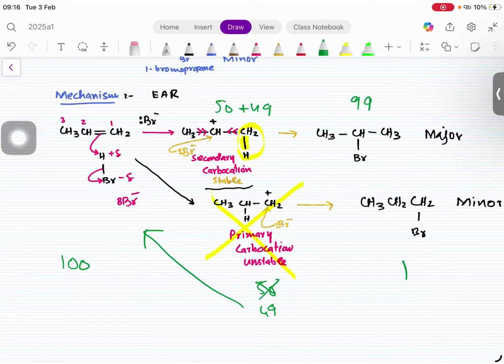Okay, now I'm going to give you an example. The numbers I'm going to erase, because they were just to help understand what is happening.